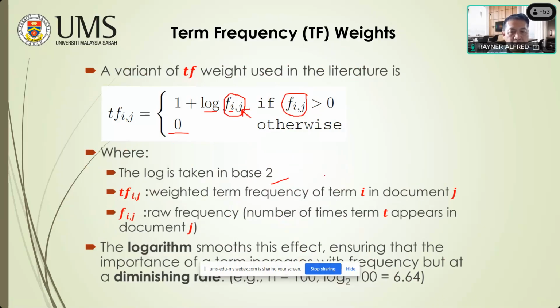Okay. So like I mentioned just now, we use log to ensure that the importance of a term increases with frequency, but at a diminishing rate. So meaning that if your n is 100, your value is only 6.64.